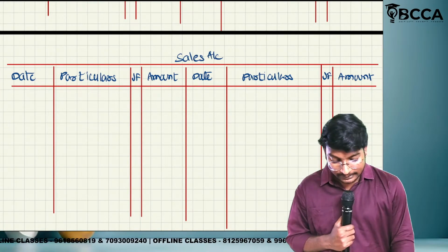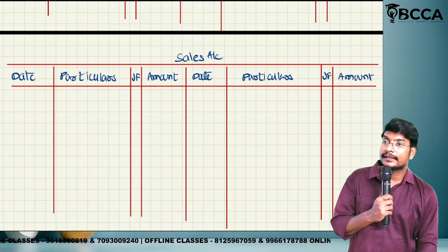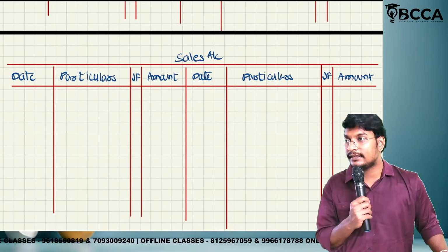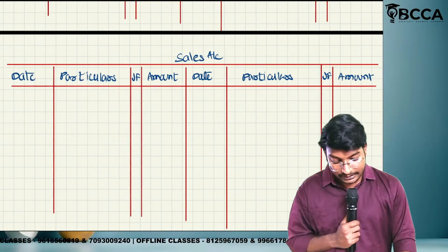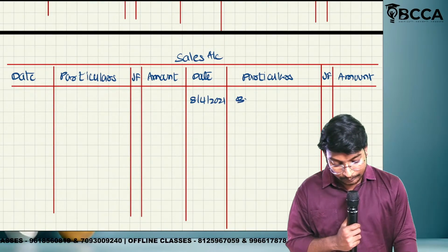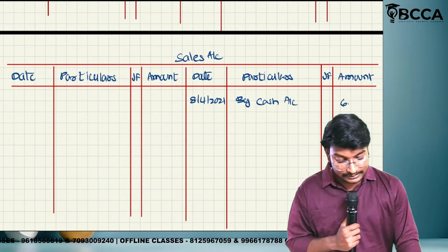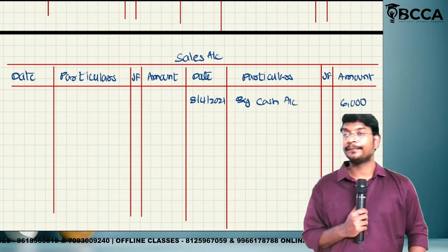In the sales account, on which side do we record? We record on the credit side because in a journal entry, sales is credited. So on which date? 8th April 2021, by cash account. What is the amount? 6,000 rupees.